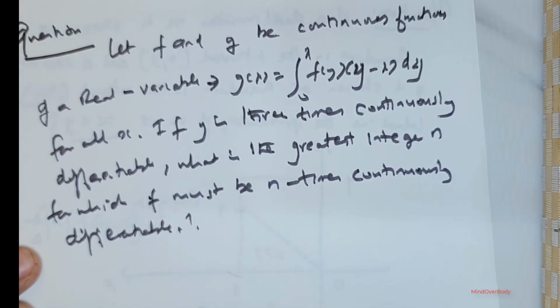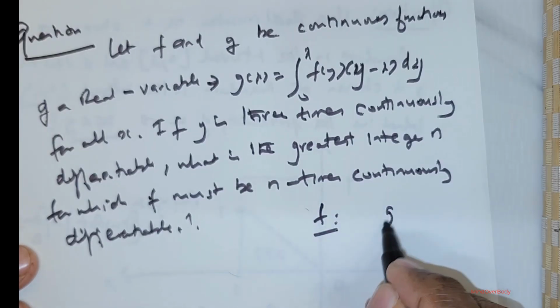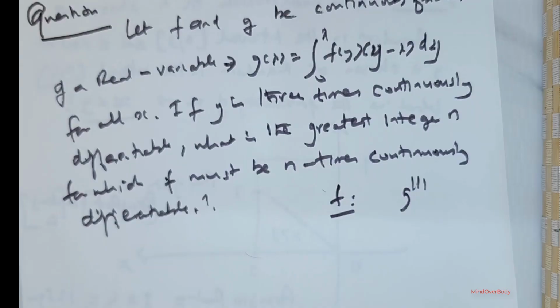Okay, so they're asking us how many times f should be differentiable so that we are able to get g triple dash. So that is a simple question.